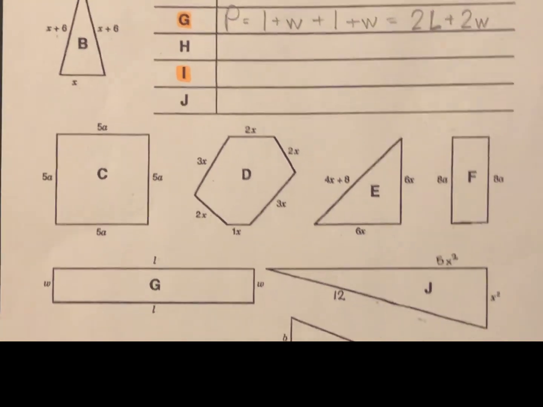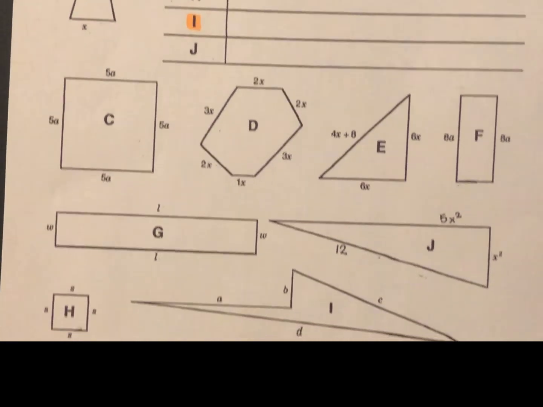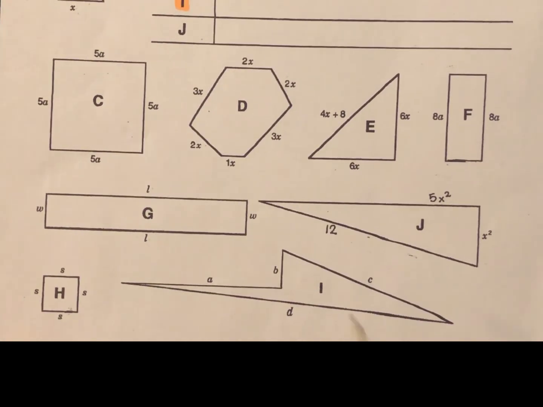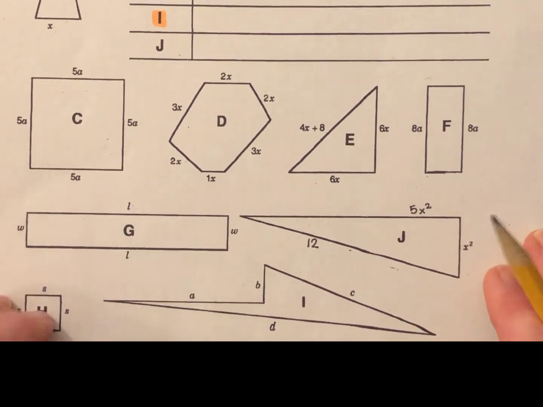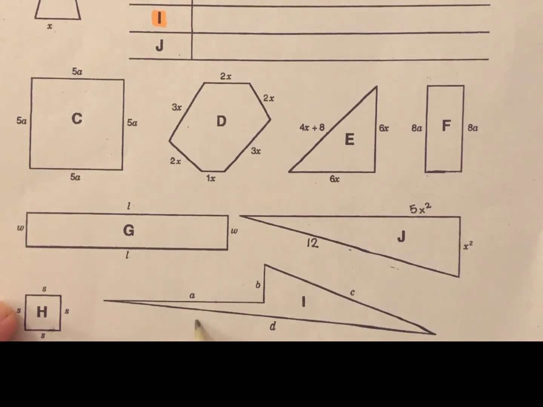And I is a fascinating figure. It's got 4 sides. That makes it a quadrilateral. So let's add up the sides for I. We have A, B, C. Oh, well, that's interesting.